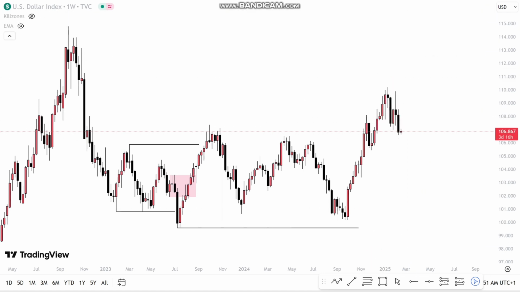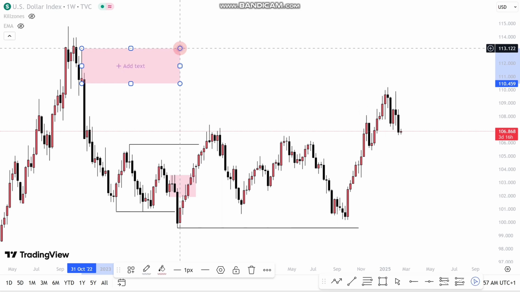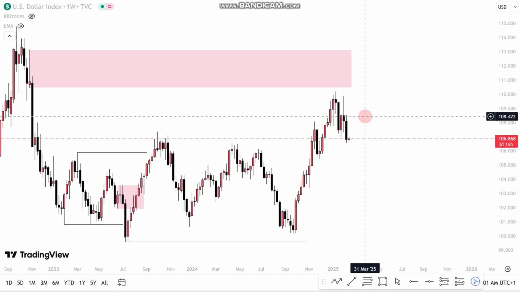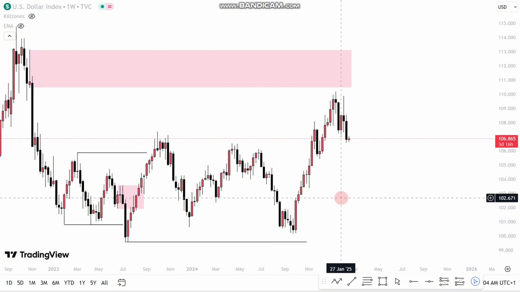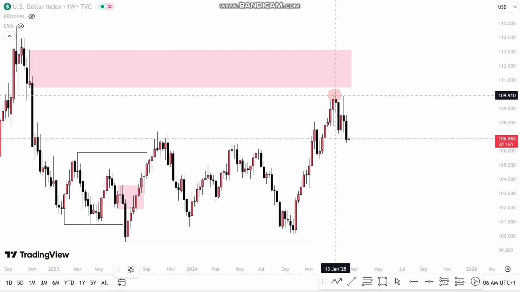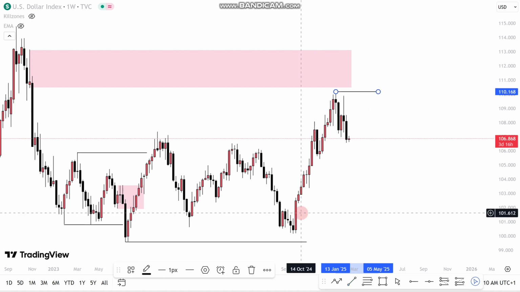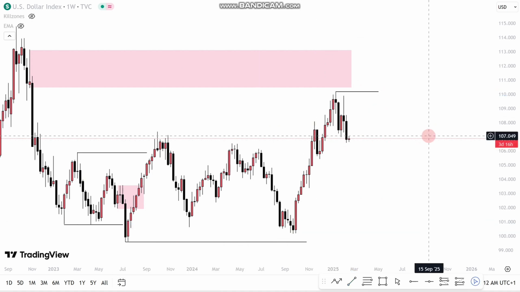And if you look here on the DXY, there is actually a supply area which price has not tapped into. So price is yet to tap into this supply area, and this high which you can see was formed before that area, we act as what? As our inducement or liquidity to that area.